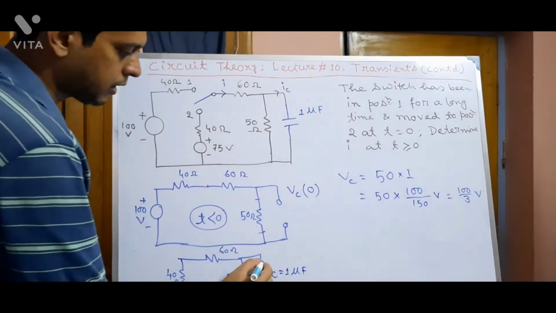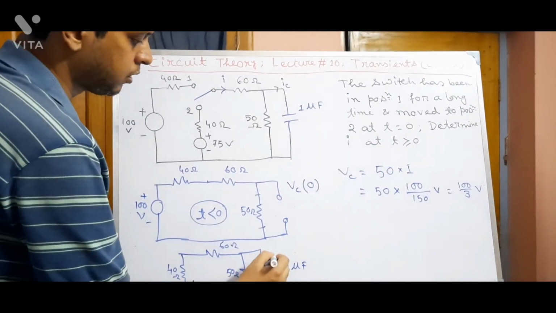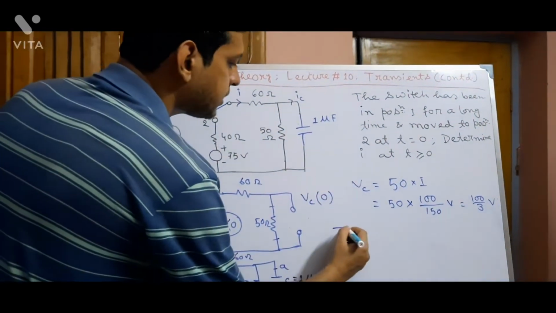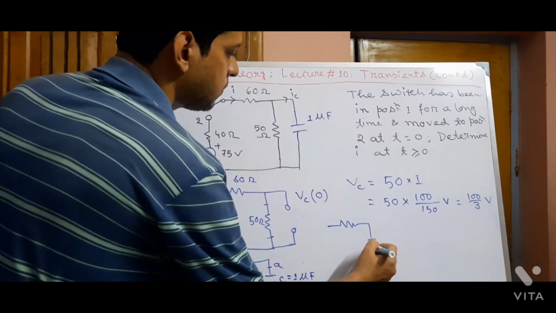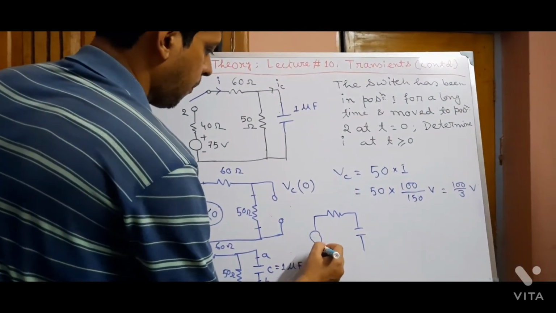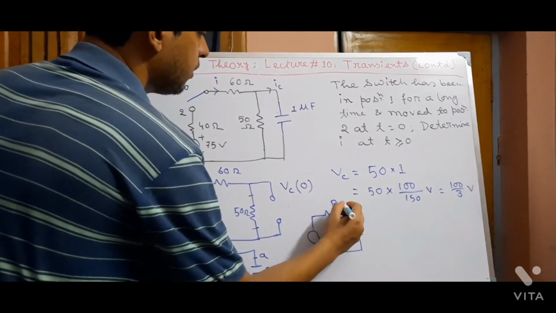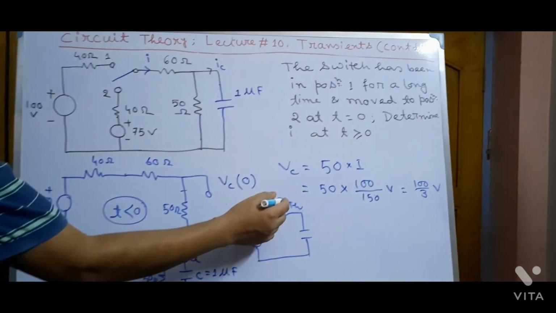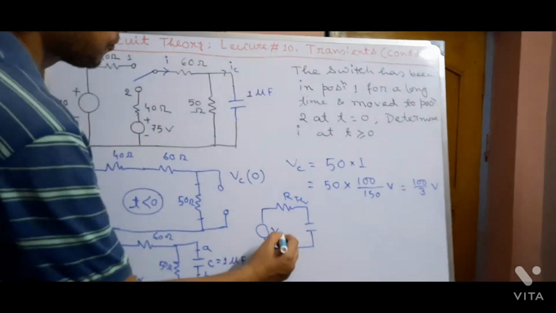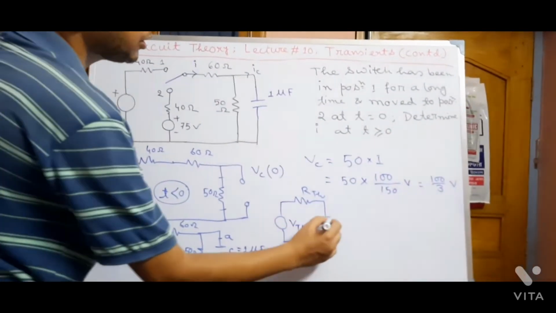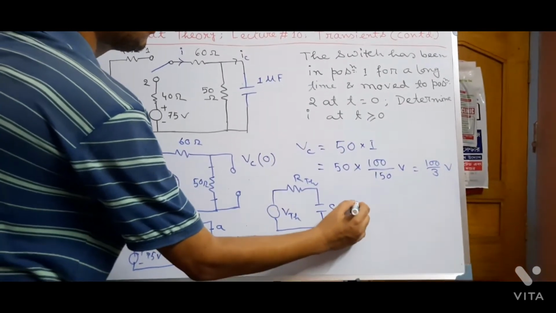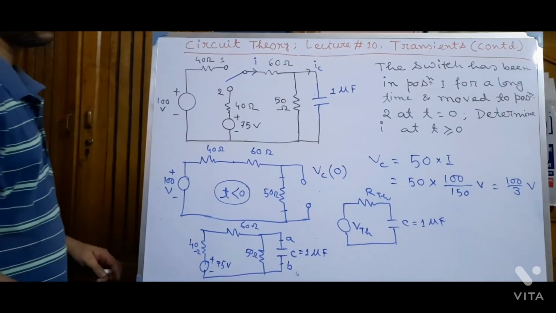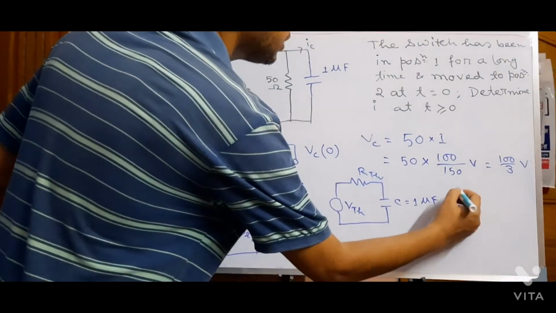So like the previous example, we have to replace this circuit by an RC series circuit. The R is the Thevenin's resistance and V is the Thevenin's voltage. The C is 1 microfarad capacitance.